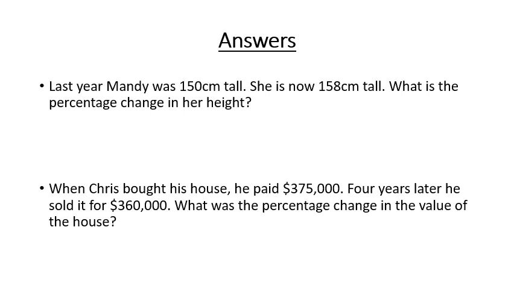Okay, so let's see how you went. The first question says, last year Mandy was 150 centimeters tall. She is now 158 centimeters tall. What is the percentage change in her height? So the first thing we need to do is work out our multiplier. That's going to be the new amount divided by the original amount.